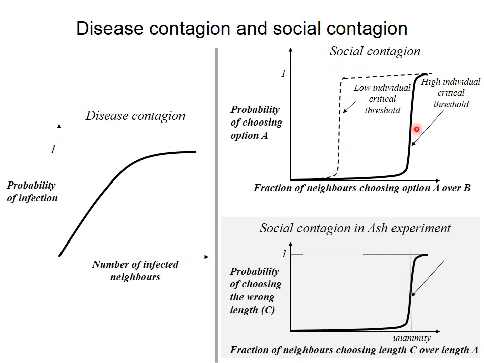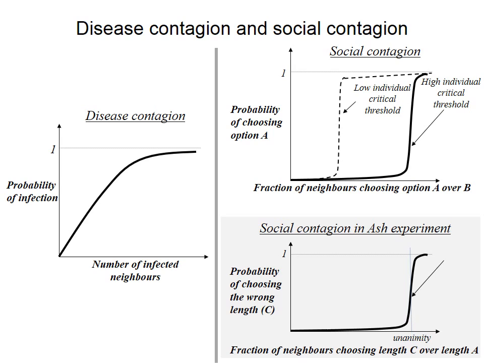So this switching depends on the individuals. If you are representing how a society or a social network switches from one option to the other option, then what matters is the distribution of individual thresholds.